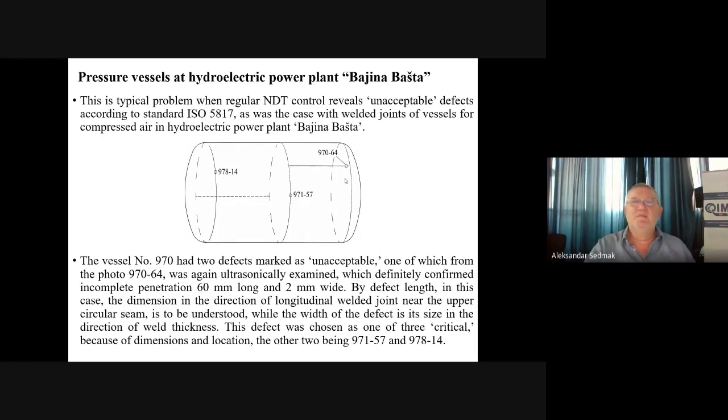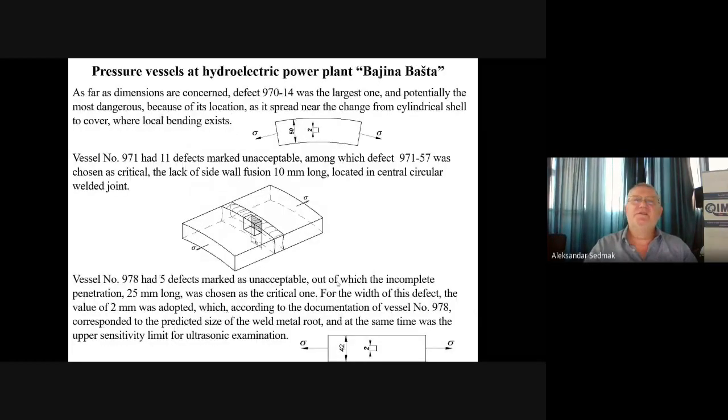So if we make a cross section, then practically this 2 millimeter wide dimension is length in the cross section in the segment that can be considered as a central crack in remote tension.